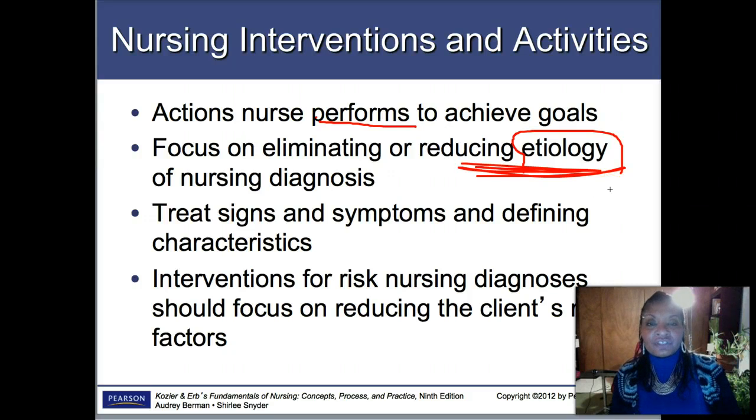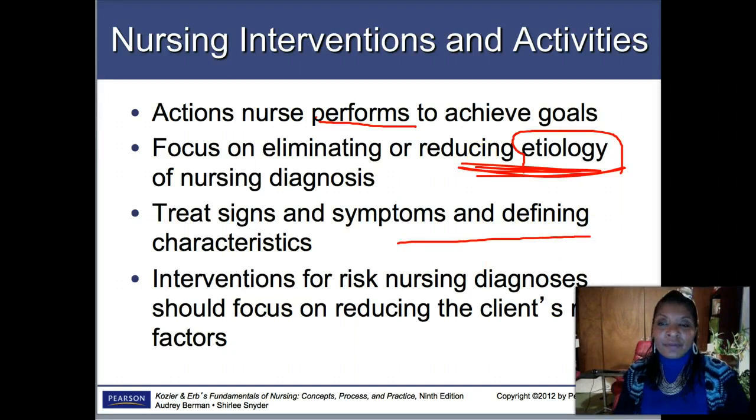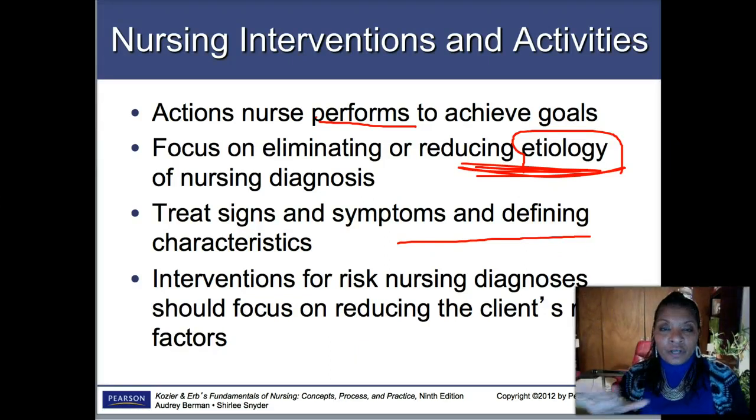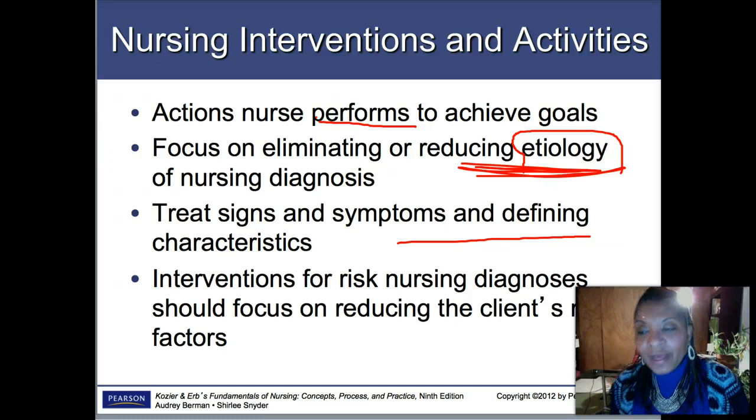Nursing interventions also treat signs and symptoms and defining characteristics, such as giving them medication as ordered to reduce the blood pressure or address the dizziness. Interventions for risk-related nursing diagnosis should focus on reducing the patient's risk for that problem.